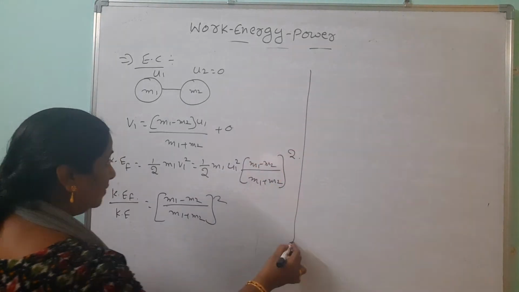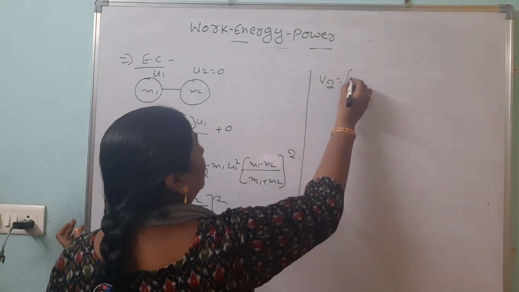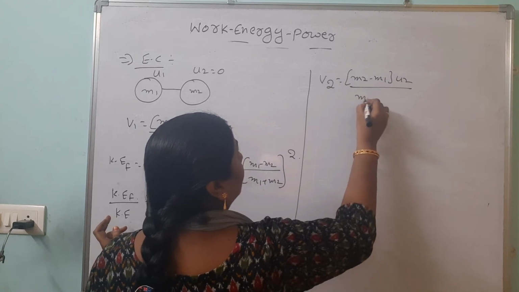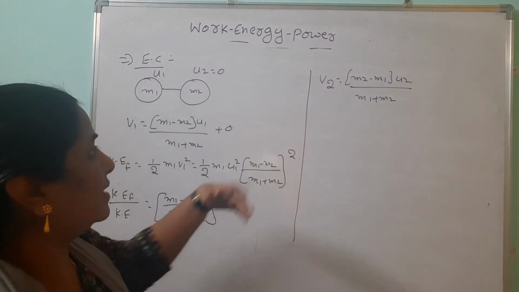Like that, what about the second body? You know that v2 equals (m2 minus m1) u2 by (m1 plus m2). This is the second body velocity after collision.